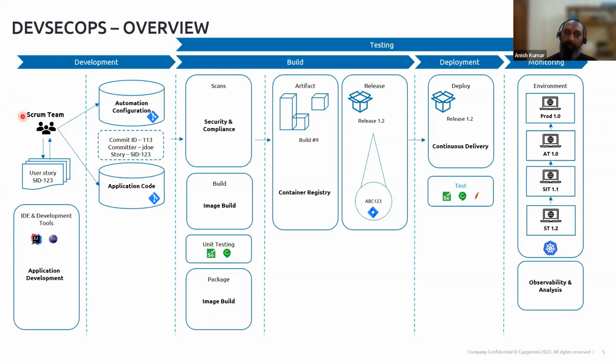Once the processes are in place, it takes the input from the planning. By planning, I mean your user stories from PI or Scrum, which the individual developer picks up based on their competency, and they continue to develop.